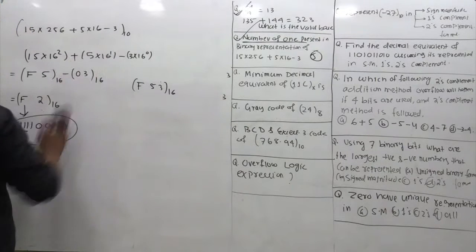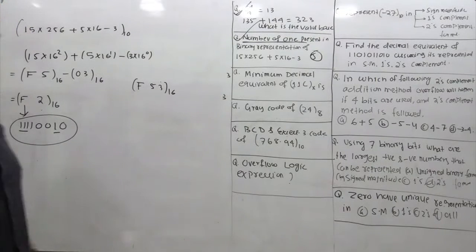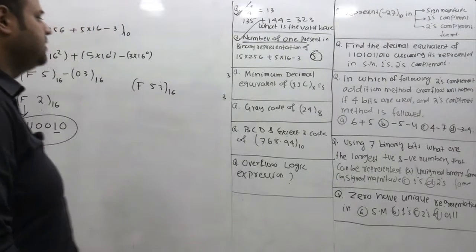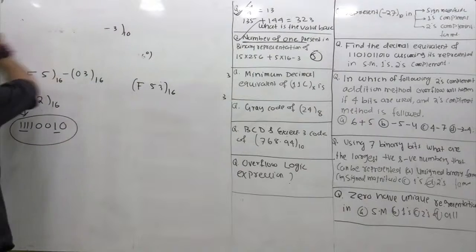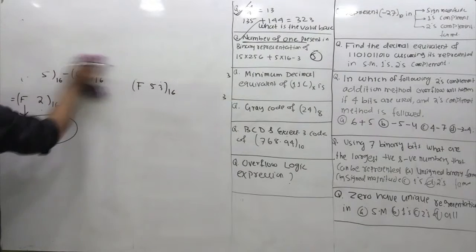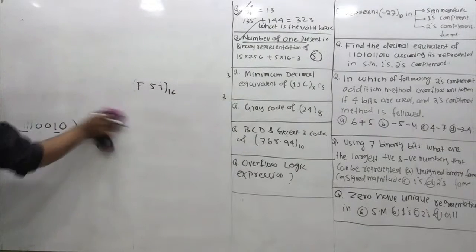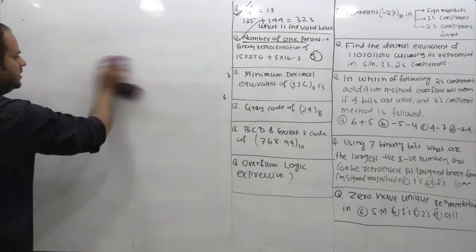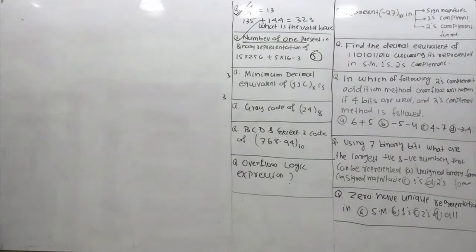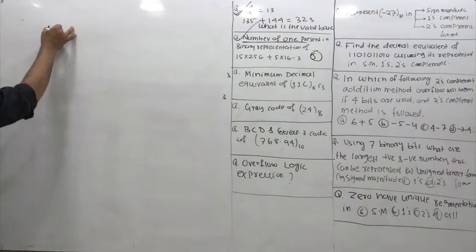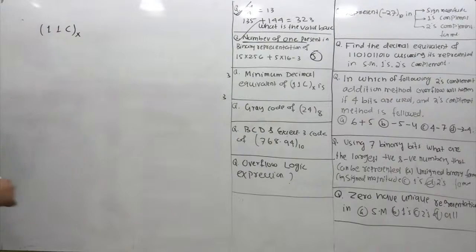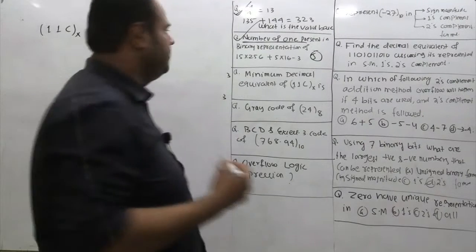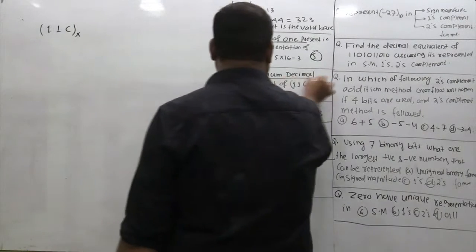Then the next question I am taking is, the minimal decimal equivalent of 11c base x is how much? How to answer this? If you have the number 11c base x, I am asking for its minimum decimal equivalent.